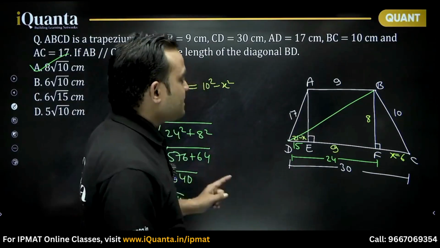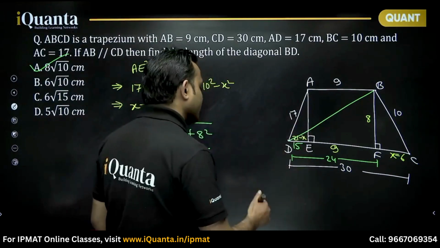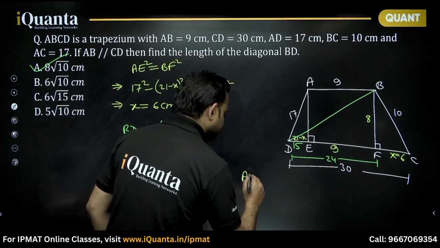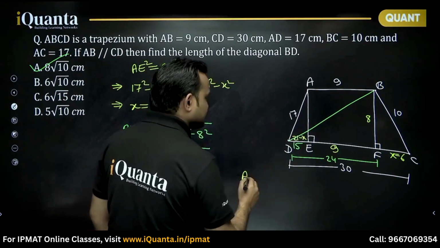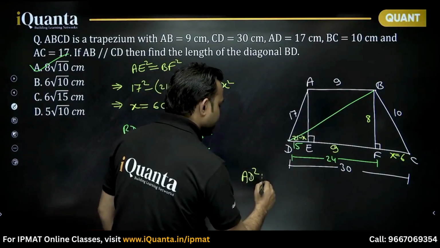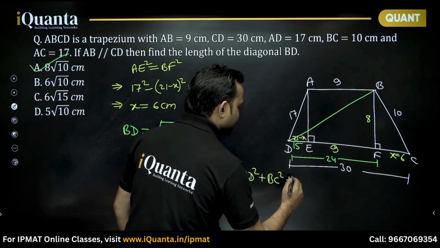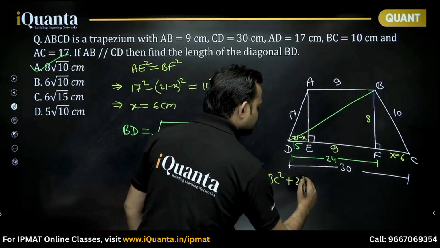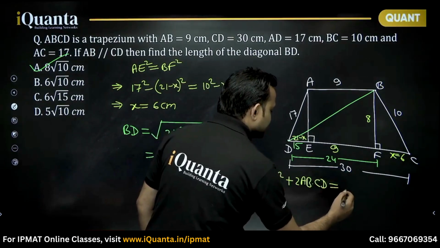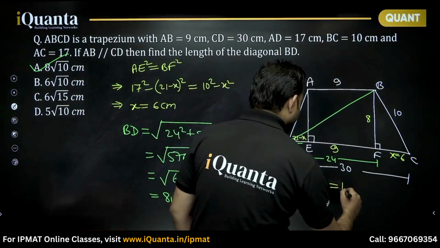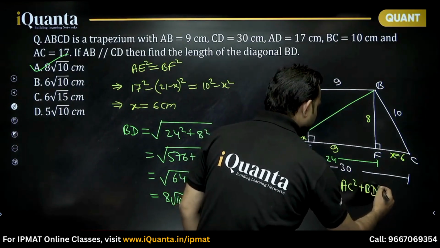But if AC is given here or BD is given, remember one very important concept. The relation between the side lengths and the diagonals is AD square plus BC square plus 2 times AB into CD is equal to AC square plus BD square.